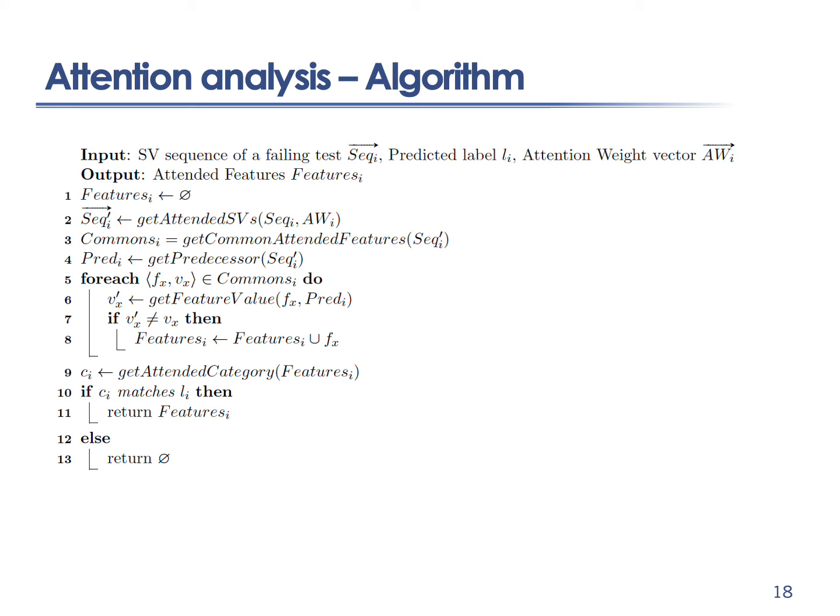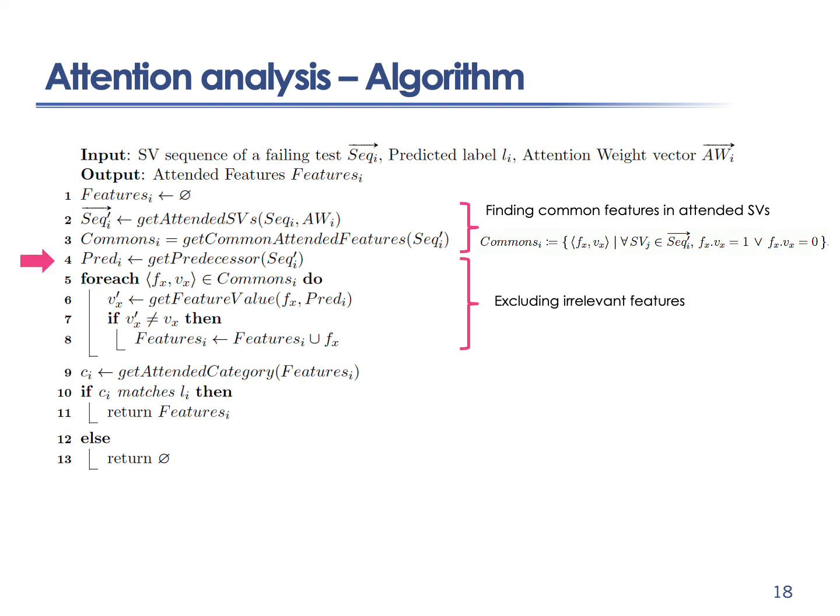Based on this observation, we designed an algorithm for attention analysis, and at a very high level, it works as follows. For a given SV sequence and attention weight vector, it finds the features that are common in SVs whose indices are between the biggest jump and biggest drop in the attention weight vector. These common features may contain irrelevant features that do not change during the entire test execution, for example, the display on feature, because the display is on during most of the test execution.